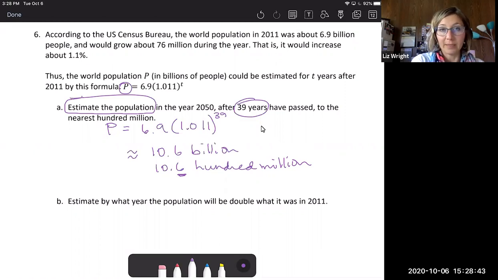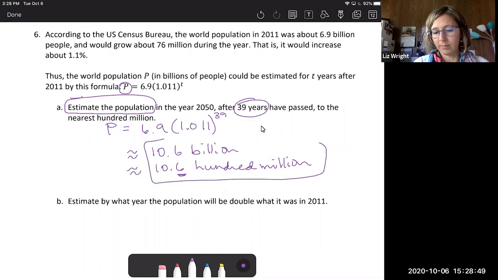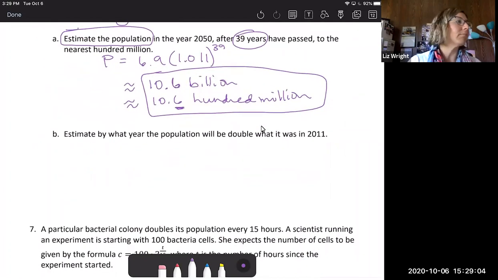I don't know if that made sense, but that is why you can leave it like that and why they both mean the same thing. Because again, I'm just going to reiterate that a 10th of a billion is 100 million. Trust me. Okay, that was that one. That one's not so bad.